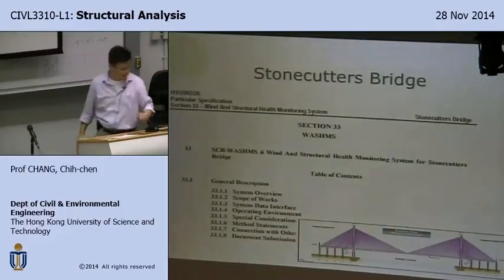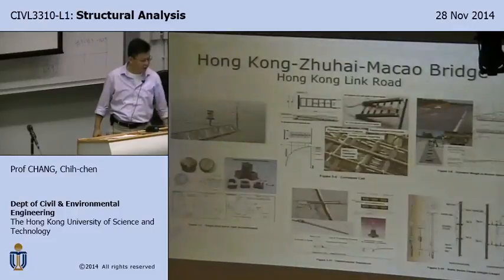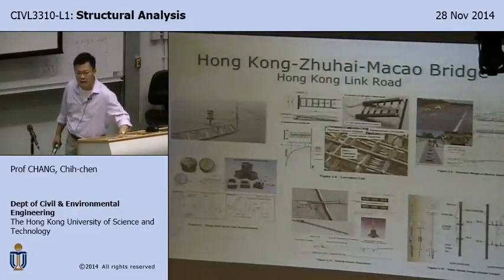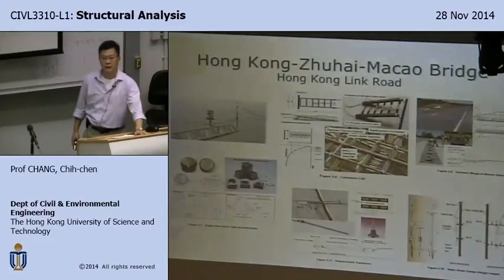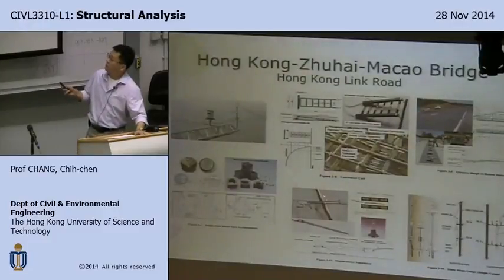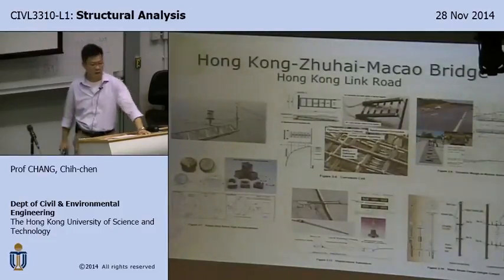So we are not only doing structure analysis now. Structure analysis is kind of well-established knowledge. So we are doing some more new innovations in the structural domain. So we are interacting with sensors, with equipment, with even smartphones to try to help protect our structures.